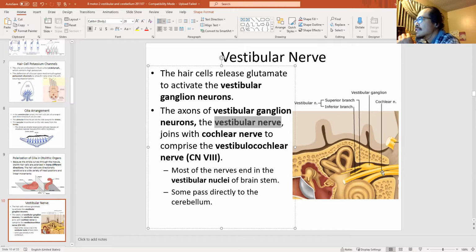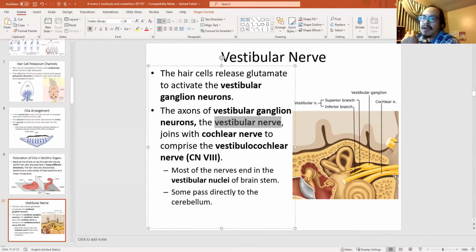This is another nerve, cranial nerve 7, but this one is cranial nerve 8. The vestibular nerve merges with the cochlear nerve, which is from the auditory system. These two merge together to form cranial nerve 8, called the vestibulocochlear nerve. And this nerve will then send signals to the brain.